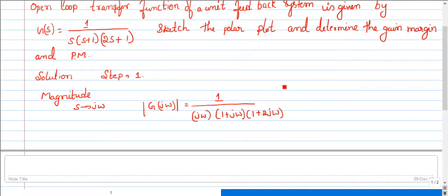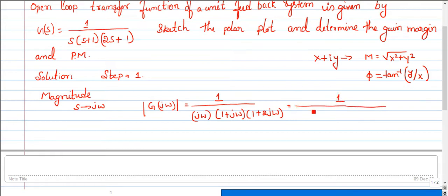And so here it is in the form of x plus j y, a combination of real and imaginary. If you want to identify magnitude, the formula will be root of x square plus y square. For angle, the formula is tan inverse of y by x. So this is the formula. For the constant, the magnitude will be 1.